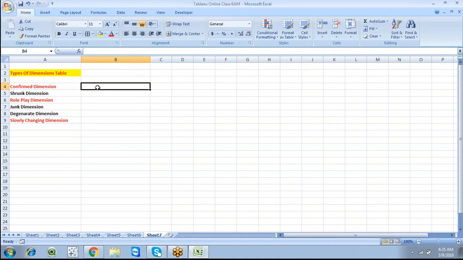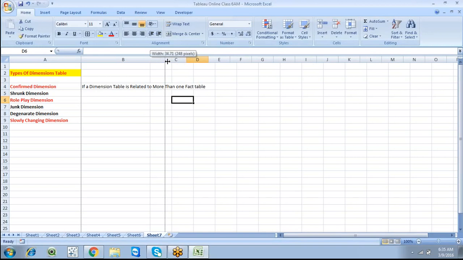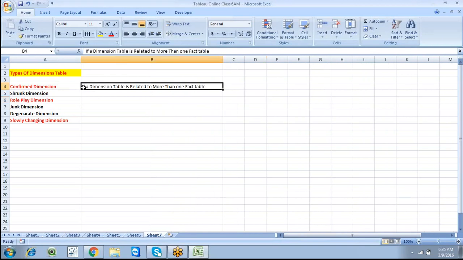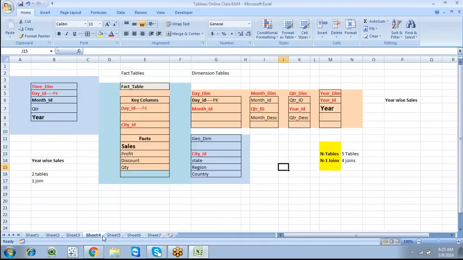A conformed dimension is this: if a dimension table is related to more than one fact table, then it is called a conformed dimension. For example, normally this is a dimension table, and we have a fact table here.